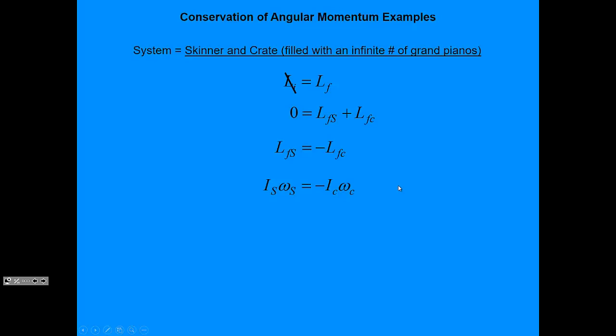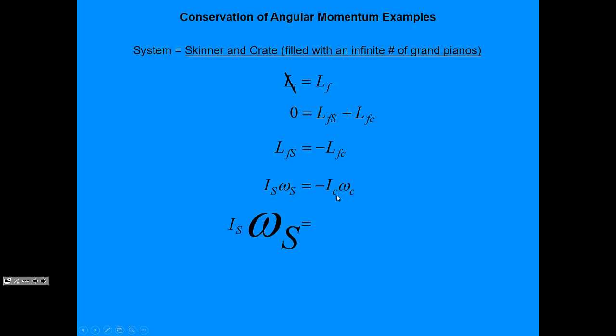But did you notice here that Skinner was running a lot faster than the crate was turning? Well, that's got to do with the two things that make up angular momentum, rotational inertia and angular velocity. Right? So Skinner had a small rotational inertia, comparatively, but he had a large angular velocity as he was running in a circle fast.